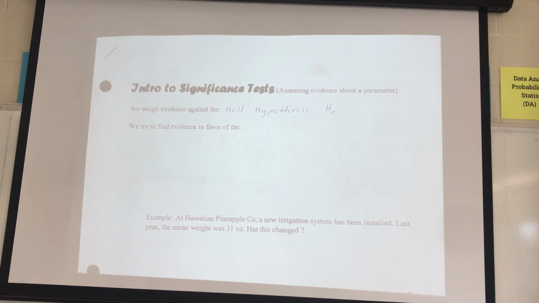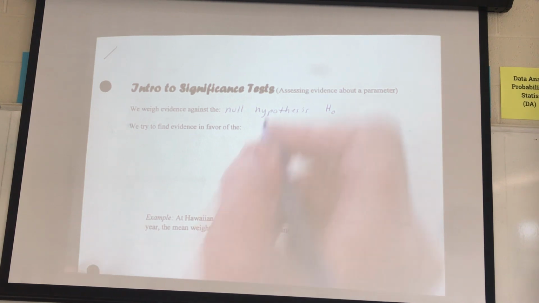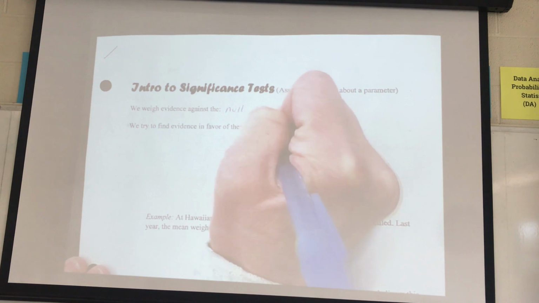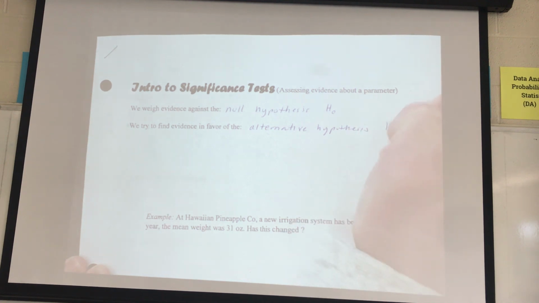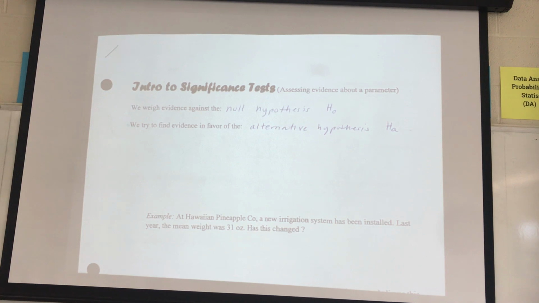So that is our notation moving forward for the null hypothesis. So we're trying to find evidence in favor of what's called the alternative hypothesis, which, again, moving forward, is going to be uppercase H sub A. All right, so that's our notation for the null hypothesis and the alternative hypothesis.